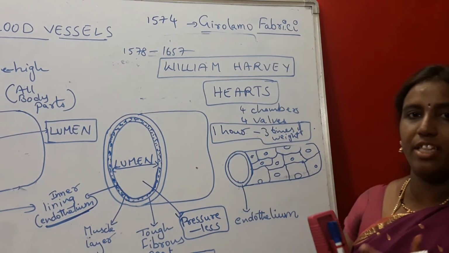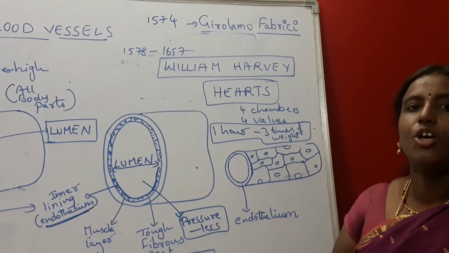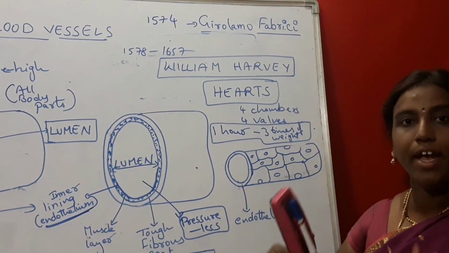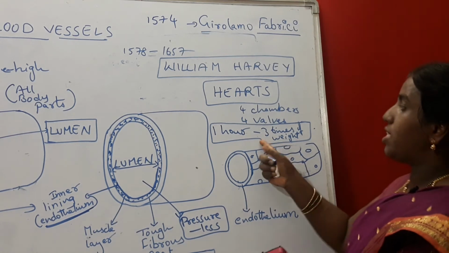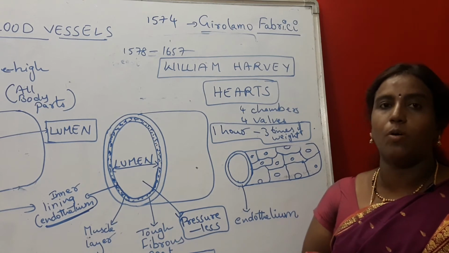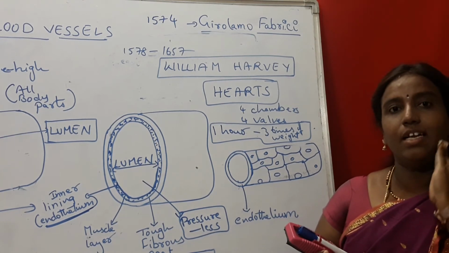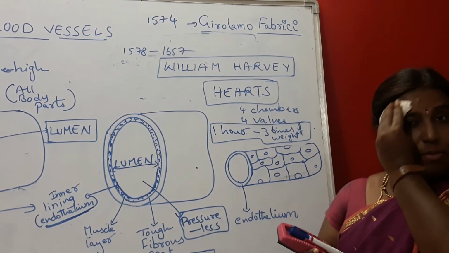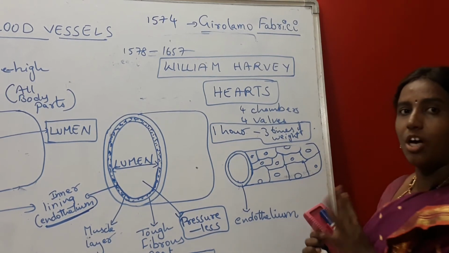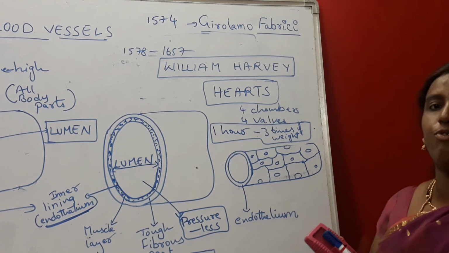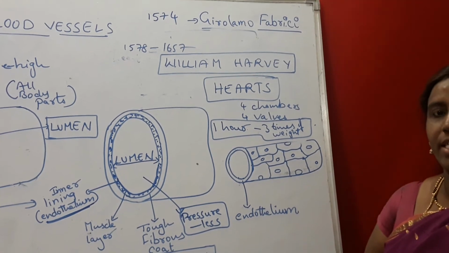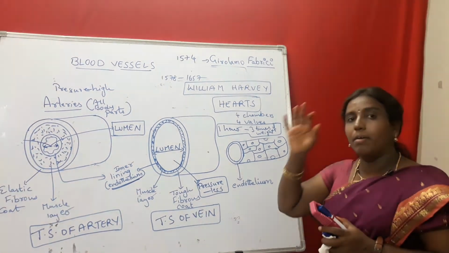So at the beginning they thought the heart might be producing new blood. But when he calculated analytically, William Harvey, being so analytical and logical, assumed that it is not possible that blood is newly formed in the heart. There is some link missing, through which the blood might be coming back.